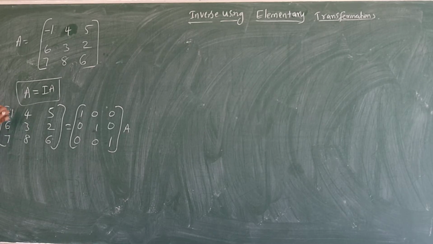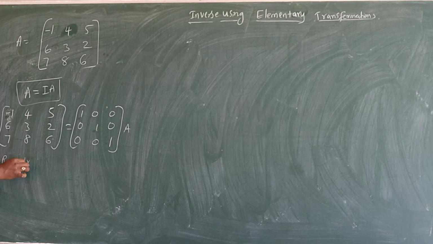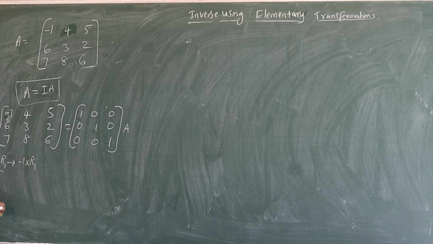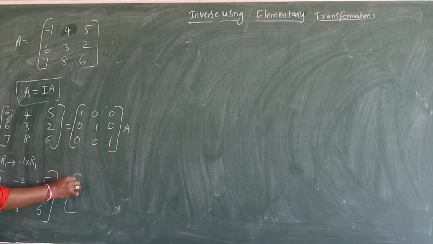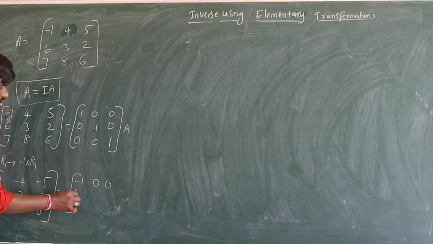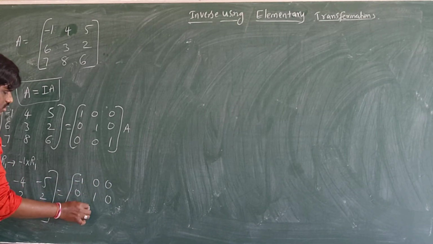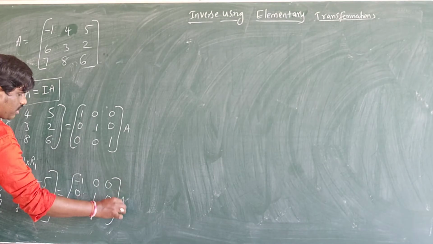Here minus 1 is there, so R1 replaced with minus 1, meaning I will multiply with minus 1. If I multiply with minus 1, what am I getting? 1, minus 4, minus 5, 6, 3, 2, 7, 8, 6. And this is equal to minus 1, 0, 0, 0, 1, 0, 0, 0, 1 into A.